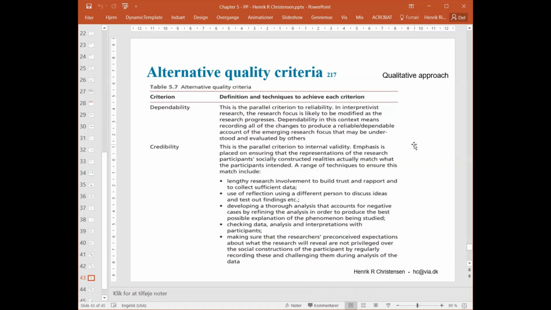Then credibility, it's parallel to internal validity. So it's about ensuring that the representation of the research participants' socially constructed realities actually matches what the participants intended. So we need to make sure that what we have asked the participants to participate in is also what they are participating in. So making sure that the realities are aligned, so to say.